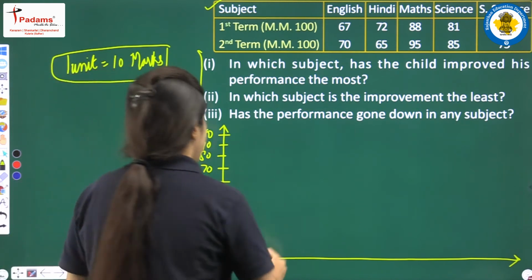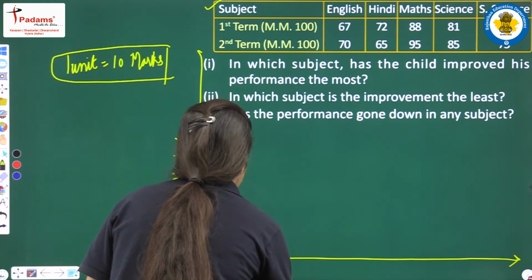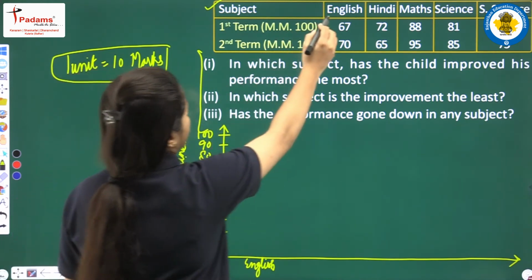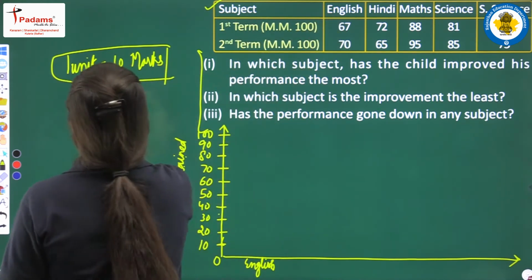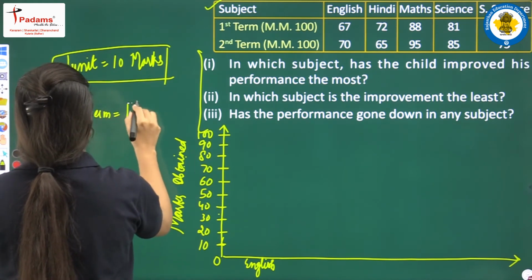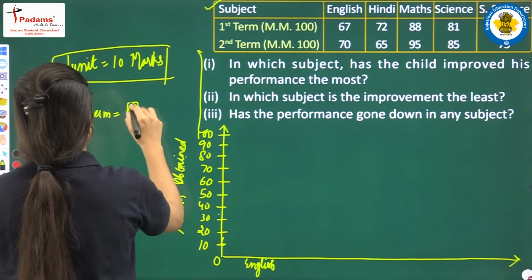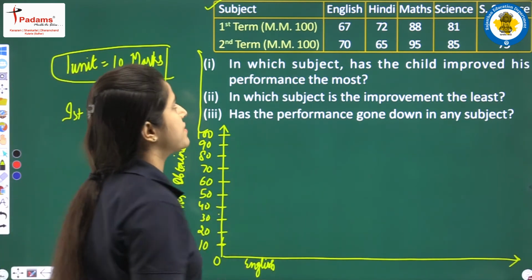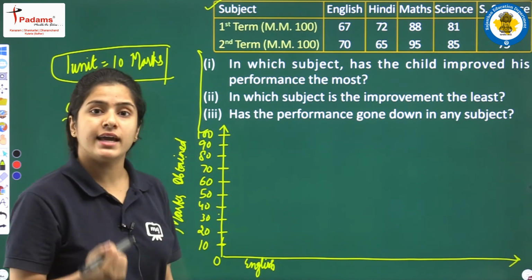Okay students, so for English, in the first term we'll be using the yellow color. The bar we'll make is in yellow. He got 67 marks in English.